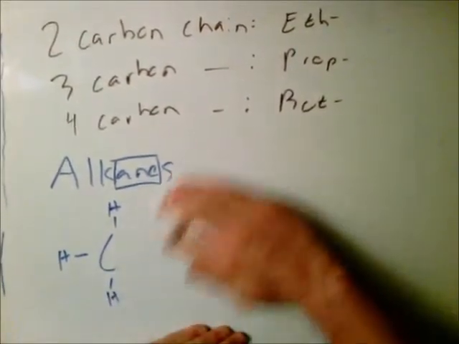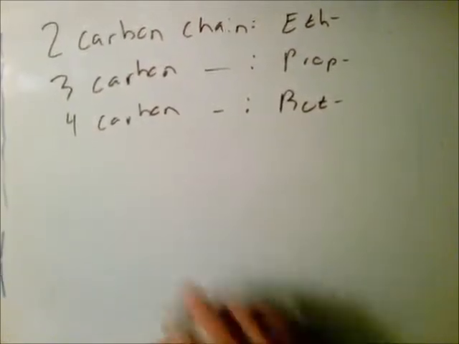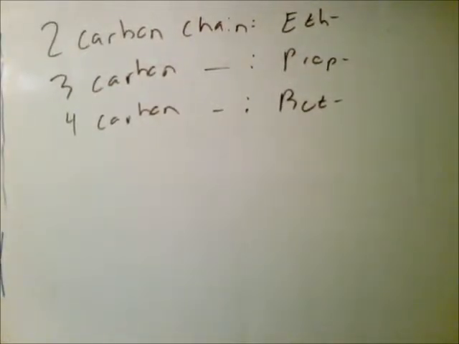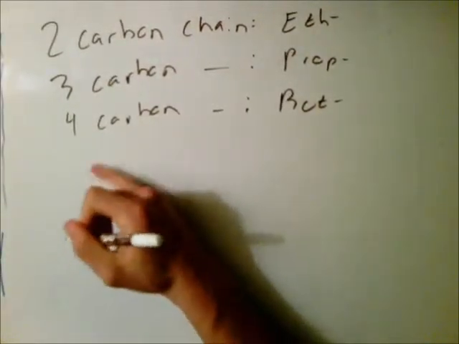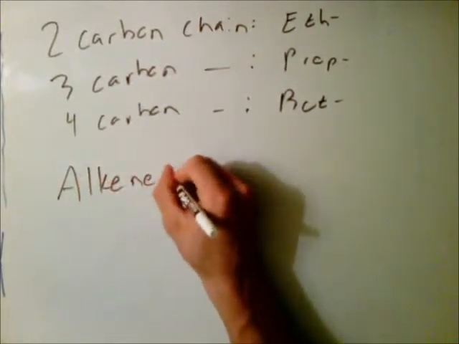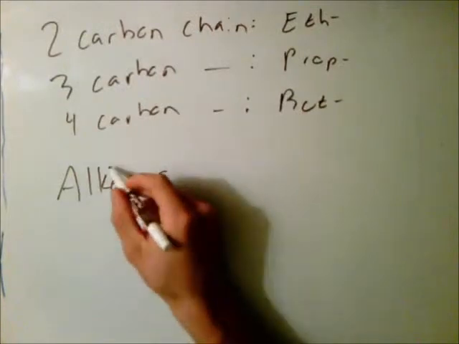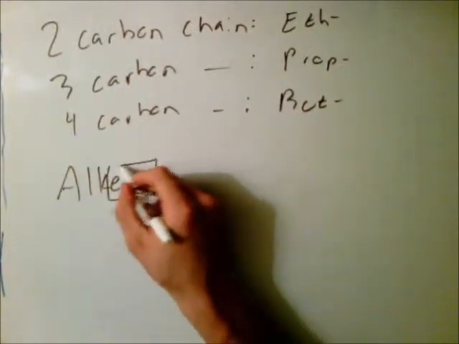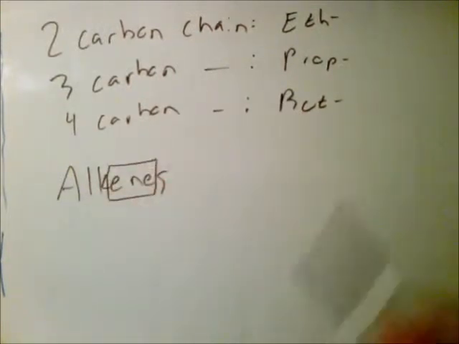So what about double bonds? If we have a double bond between two carbons, those are called alkenes. And just like alkanes, the ene portion serves as the suffix, which will be attached to our parent name.